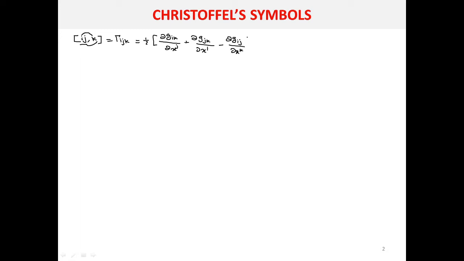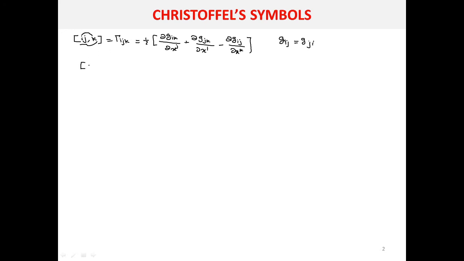Here g ij are the components of the metric tensor, and this metric tensor is symmetric, that is g ij equal to g ji. So you can define this Christoffel symbol for any three integers.